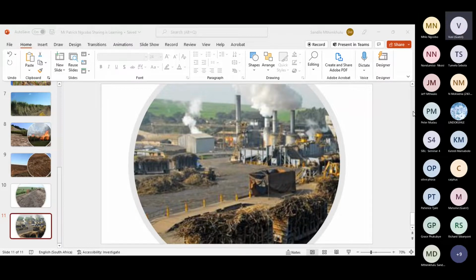Just besides that, my two questions. The first one is regarding the impact that the macadamia introduction has on the sugar industry.